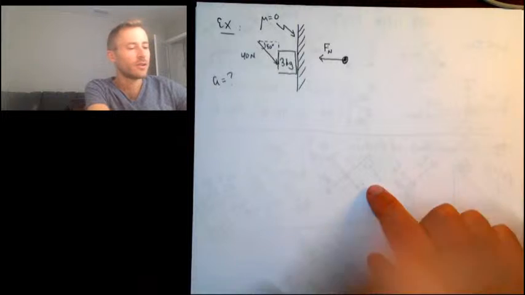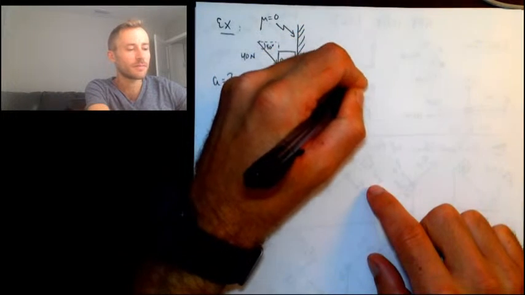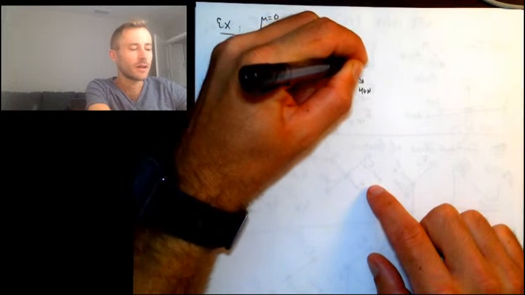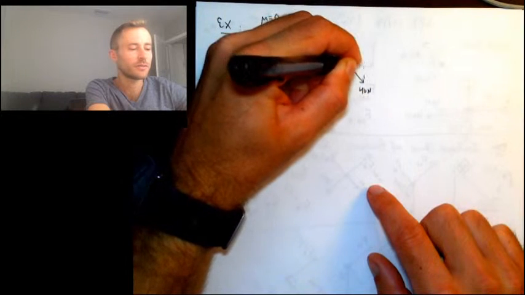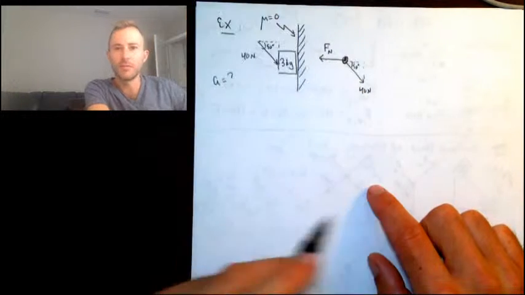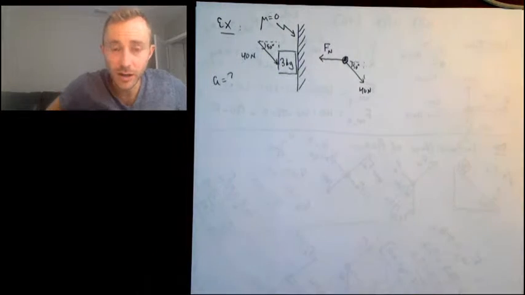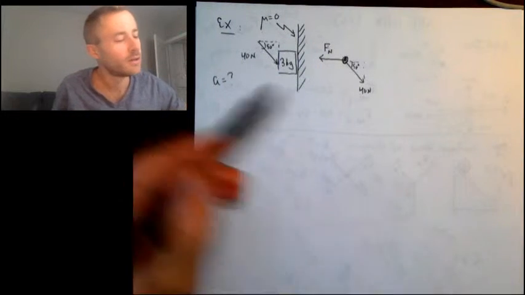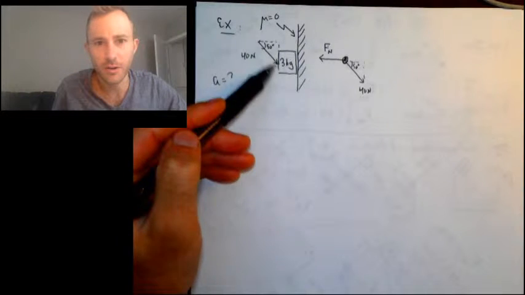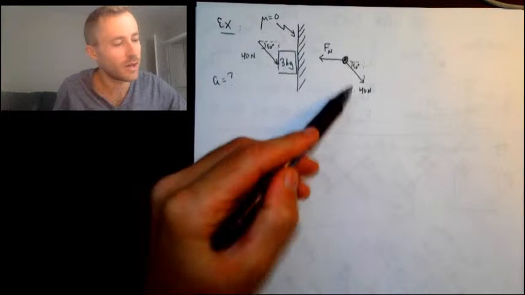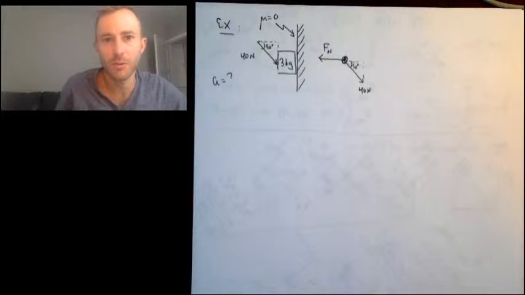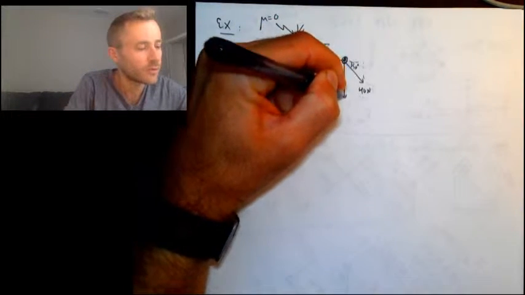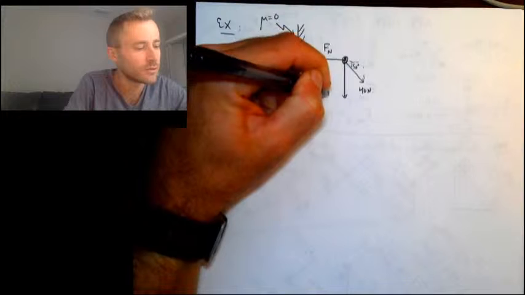We've got this diagonal force of 40 newtons at an angle of 50 degrees. So generally speaking, with free body diagrams, we always draw the arrows as going away from the dot. So even though in the picture here I have the arrow going into the box, I'm going to shift it so it's going away from the box. And then I have a weight force, which is 30 newtons downward.